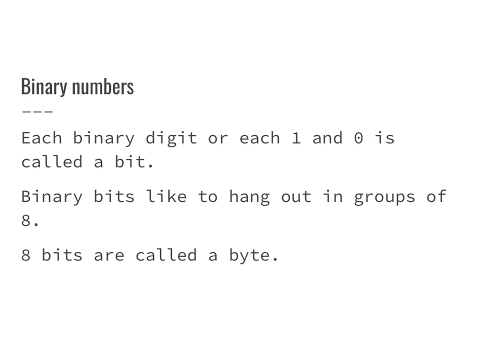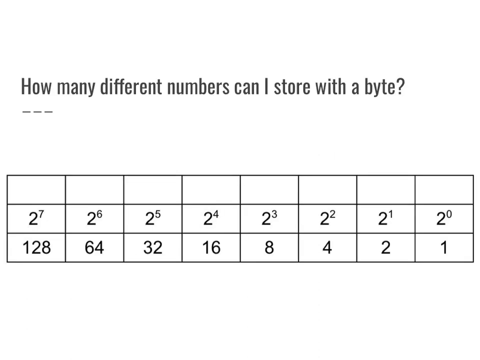Binary bits like to hang out in groups of 8. They're super big fans of hanging out in groups of 8. So each 1 or 0 is called a bit, and when they hang out together in a group of 8, it's called a byte. Okay, so if they're hanging out in groups of 8, how many different numbers can I store with a byte?